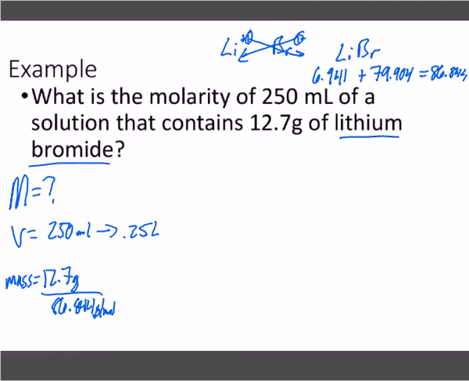Grams cancel out, we're left with moles. 12.7 divided by 86.844. How many moles do we have? And 2 decimal places, guys, usually is okay. So you're good if you go to at least 2 decimal places.